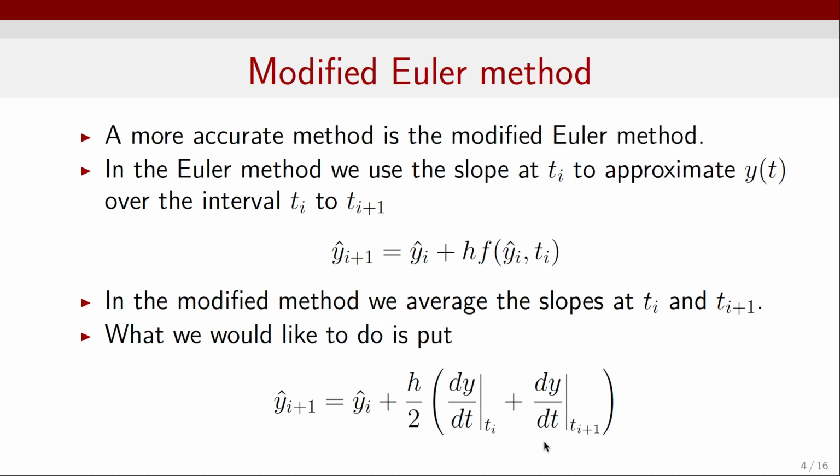The problem here is that this evaluation of the slope at time i plus 1 involves yi plus 1. Remember, dy by dt is equal to that function f of y and t. So here we'll have f of yi plus 1 comma ti plus 1. So the value of the quantity y at i plus 1 is not yet known.